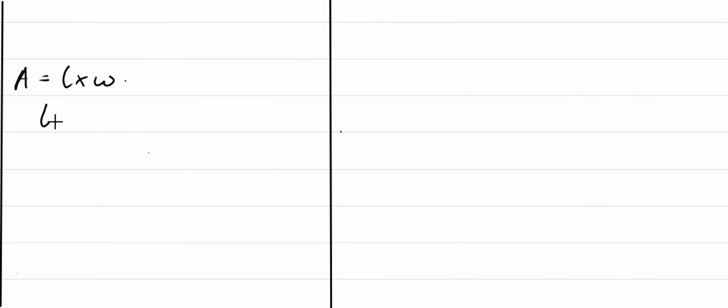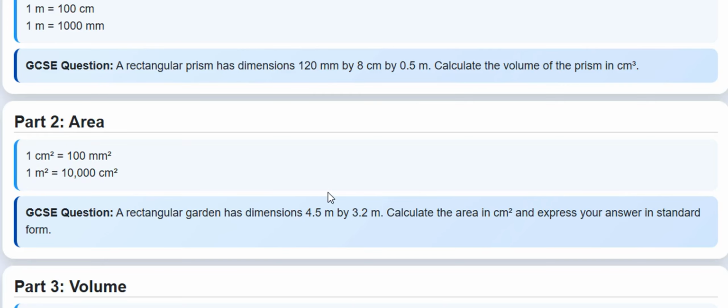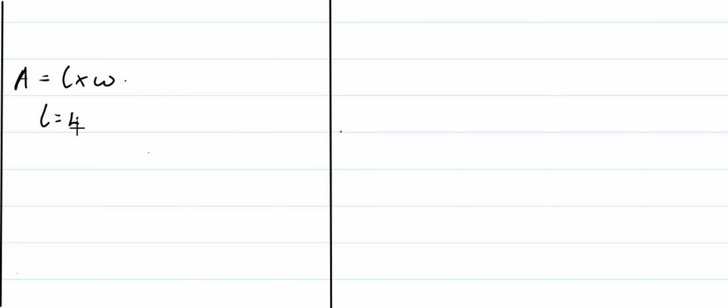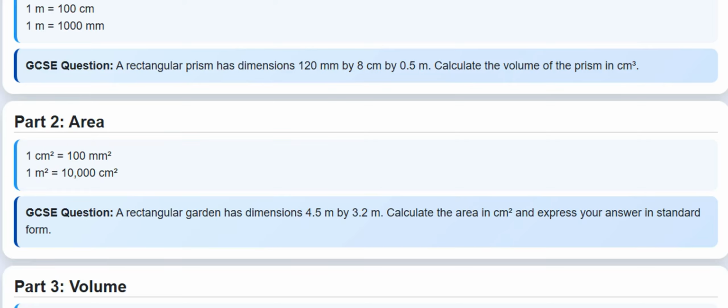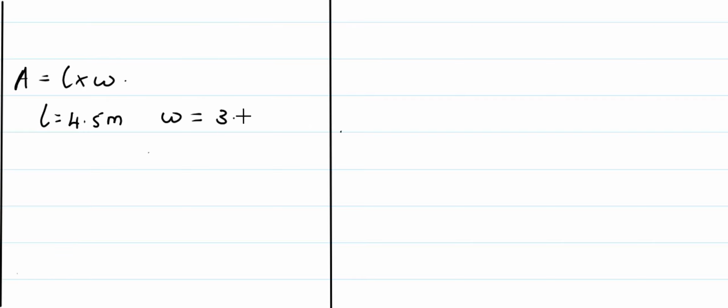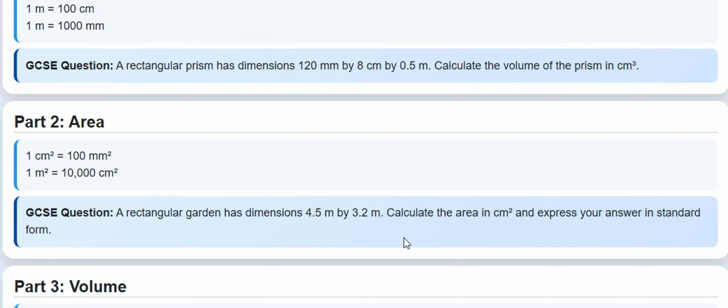We are told the length is 4.5 meters, and the width is 3.2 meters. Then we are supposed to calculate the area, and give the answer in centimeters squared, and of course in standard form.